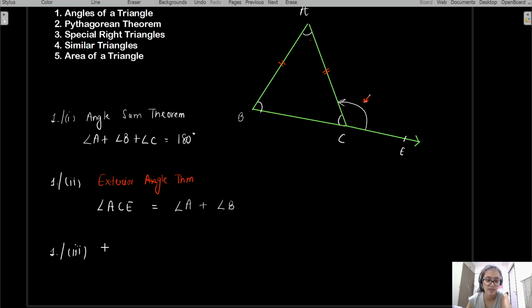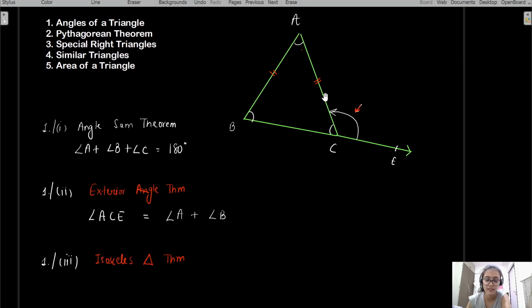Third, we have isosceles triangle theorem. So in this figure, ABC is isosceles with AB and AC as congruent sides. Then this theorem tells us that the angles opposite to the two congruent sides are also gonna be congruent.